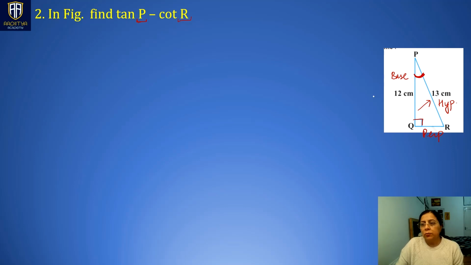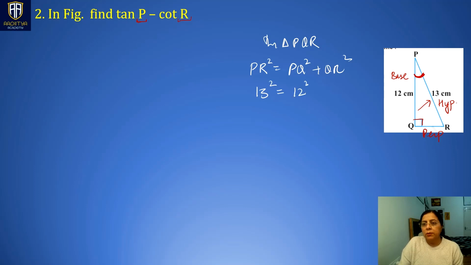First, in triangle PQR, we are given these two values, PQ and PR. By Pythagoras theorem, PR square is equal to PQ square plus QR square. PR square is known to us, which is 13 square.